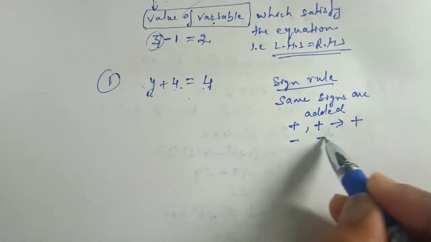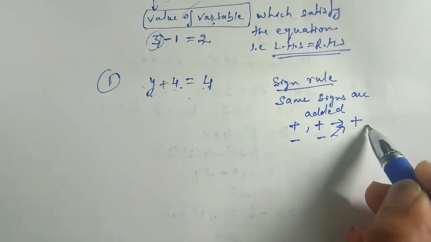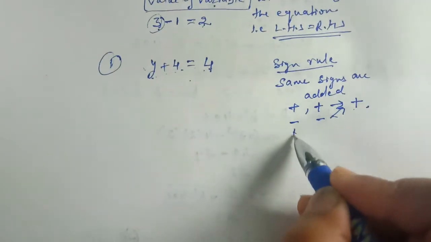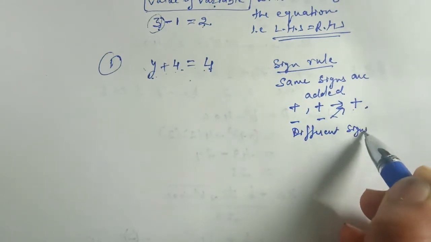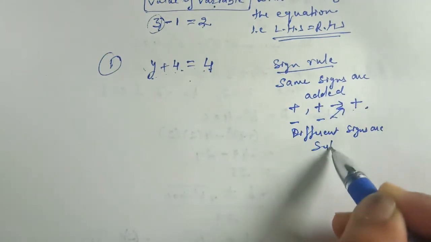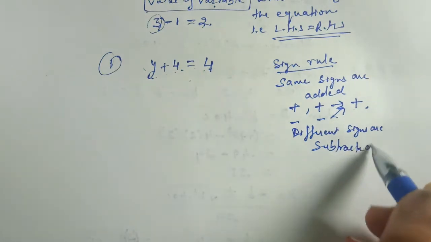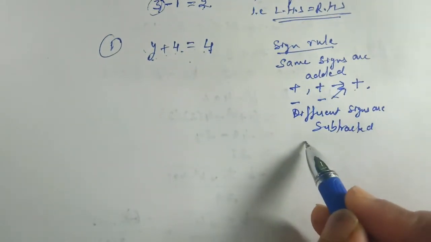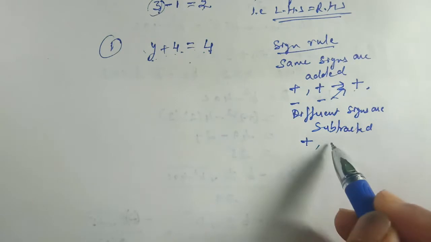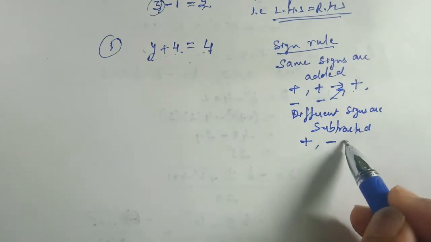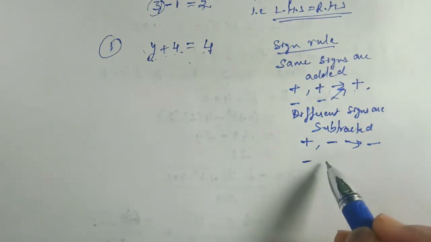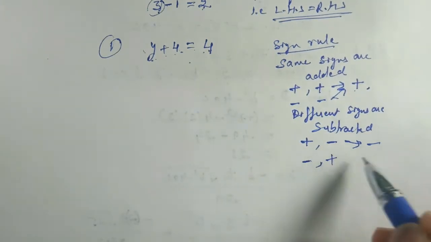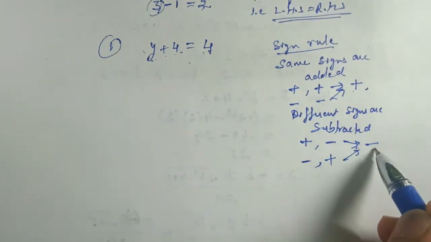If we have minus and minus, it also means both of them will be added. And different signs are subtracted. It means if one is in positive sign and another is negative, it will be subtracted. Or if the first one is negative and the second is positive, then it will also be subtracted.